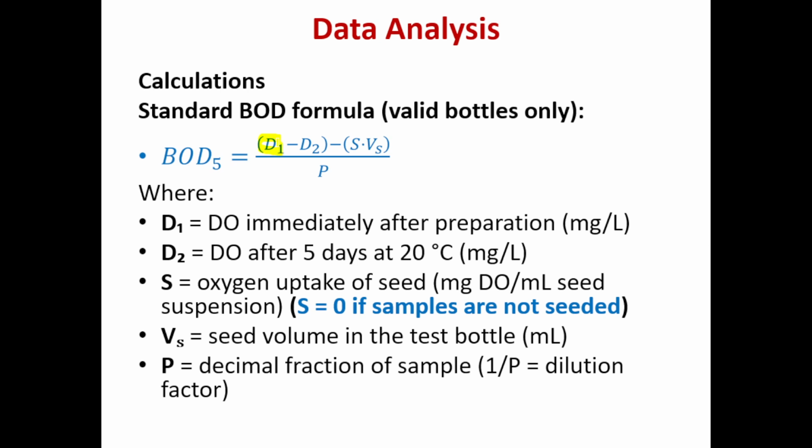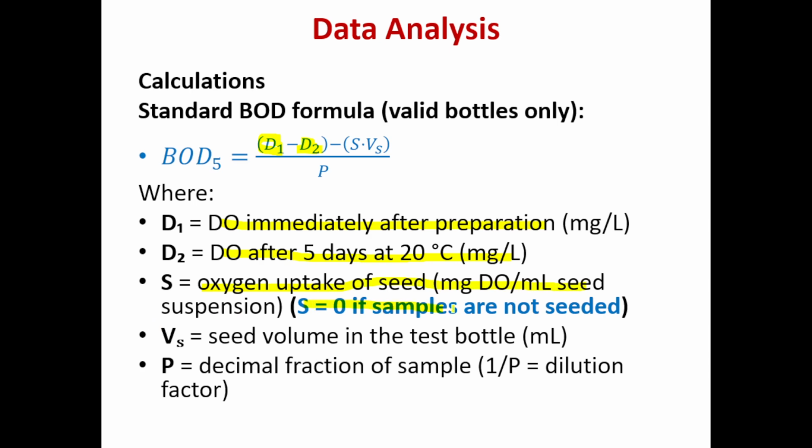D1 is the DO immediately after preparation. D2 is the DO after 5 days at 20 degrees Celsius. S is the oxygen uptake of seed, that is mg DO per ml seed.